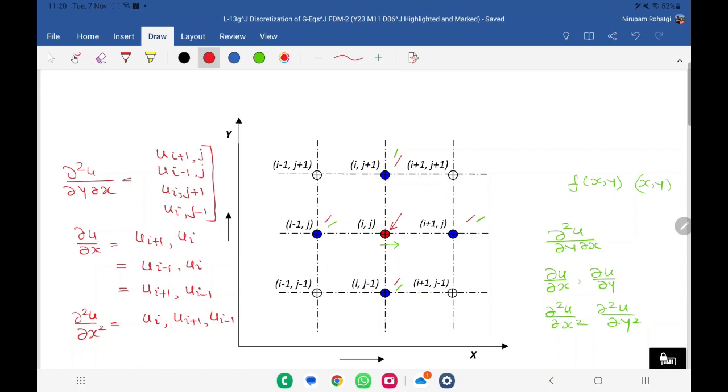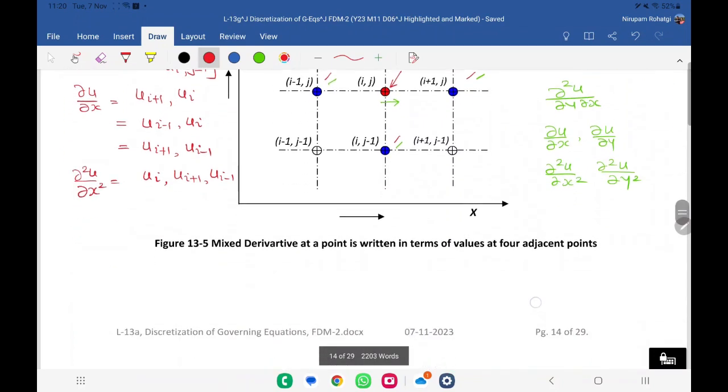More than 1 points are there, and they are the adjacent points. So from the function and the point, you have moved to surrounding, neighboring points. This is the reason for error also, and this is the approach which helps you solve it, because you are converting the differential equation into algebraic terms. So this is what is happening.